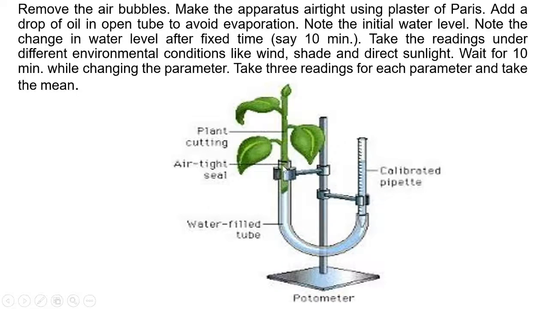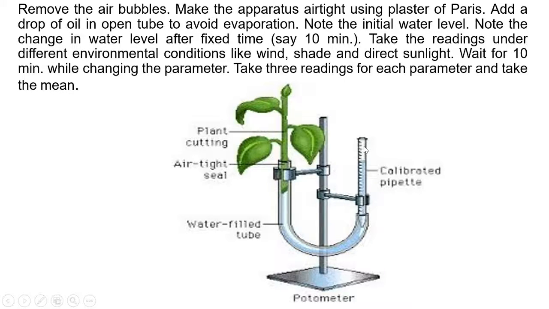That means plaster of Paris is used for making the apparatus airtight. Then after filling the water, make the level of water at 0 and add a drop of oil in the open tube to avoid evaporation. To avoid evaporation, we have to add 1 drop of edible oil or coconut oil, to prevent the water from evaporating from this open side.